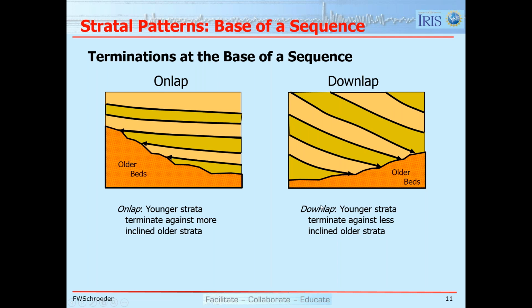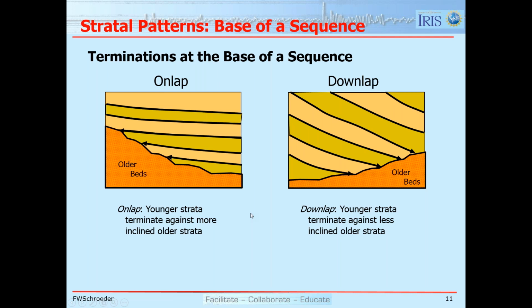With both onlap and downlap, it is purely the geometry of the stratal units that we use to make the definition. There is nothing about sedimentary type or rock type or environments of deposition or sea level that's associated with onlap terminations or downlap terminations.